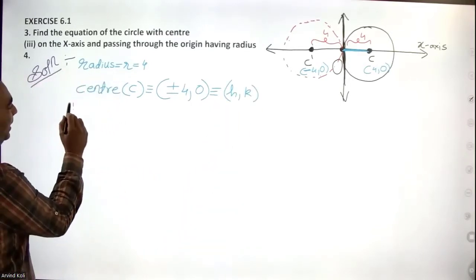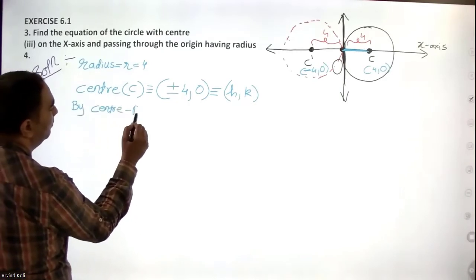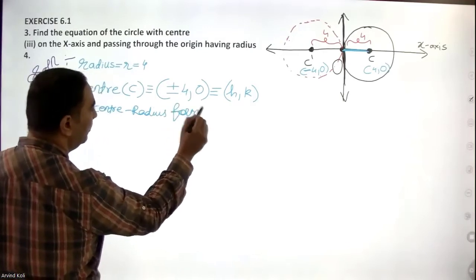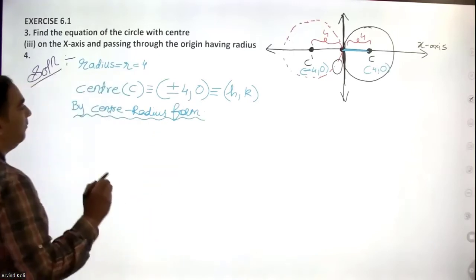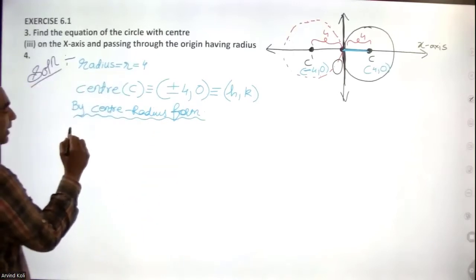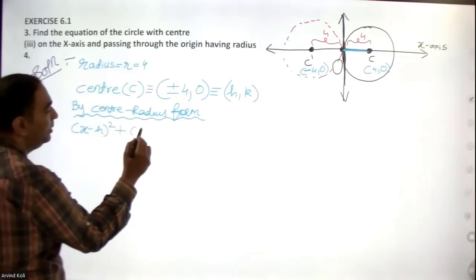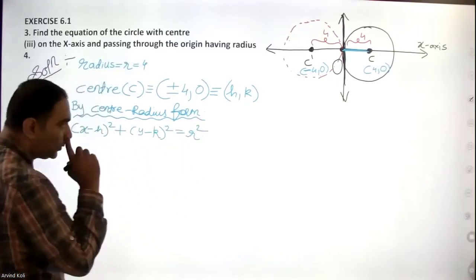So now we'll say by center radius form. Equation of the circle is given by the formula x minus h the whole square plus y minus k the whole square is equal to r square.